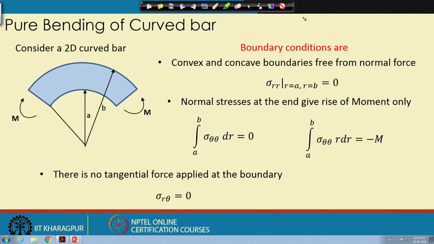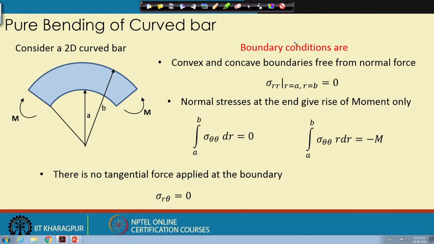This Winkler-Bach formula gives a hyperbolic stress variation, and we will see how the theory of elasticity approach works, and what the stresses are if we calculate via the elasticity approach.